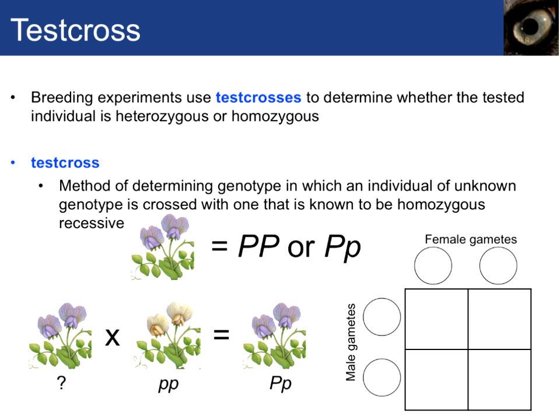So if you cross this unknown genotype that has purple flowers with a known homozygous recessive genotype that has white flowers, and you get all purple flowers, what do you think this original genotype is? Is it homozygous dominant or heterozygous?